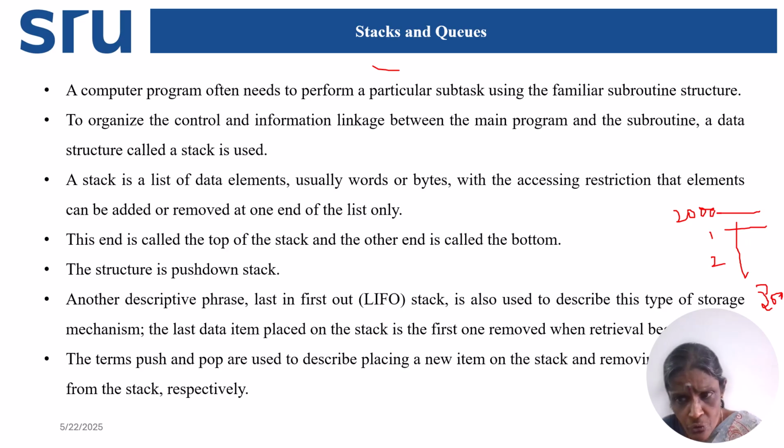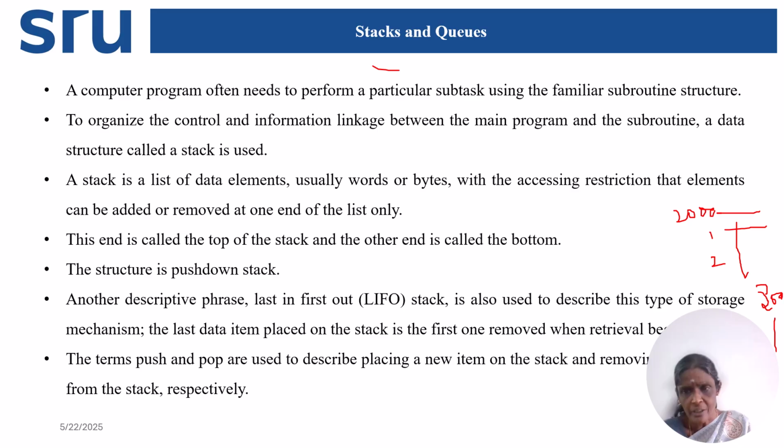So the control will go to memory location 3000, and there a small task, a subroutine, will be written as code. The main program is separate from the subroutine, and the subroutine should end with RET.